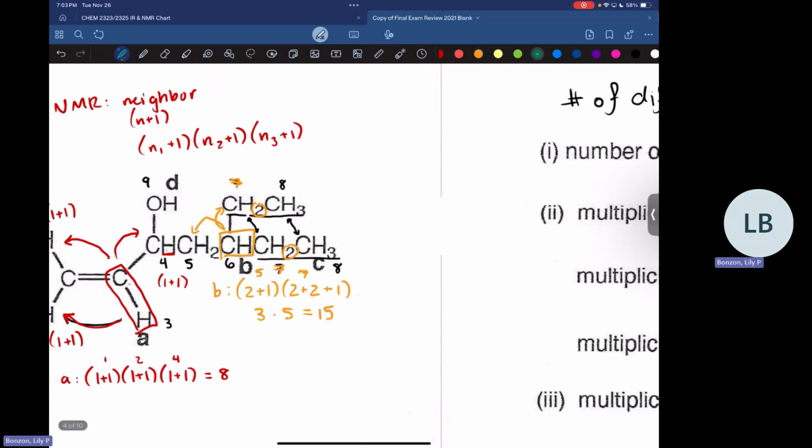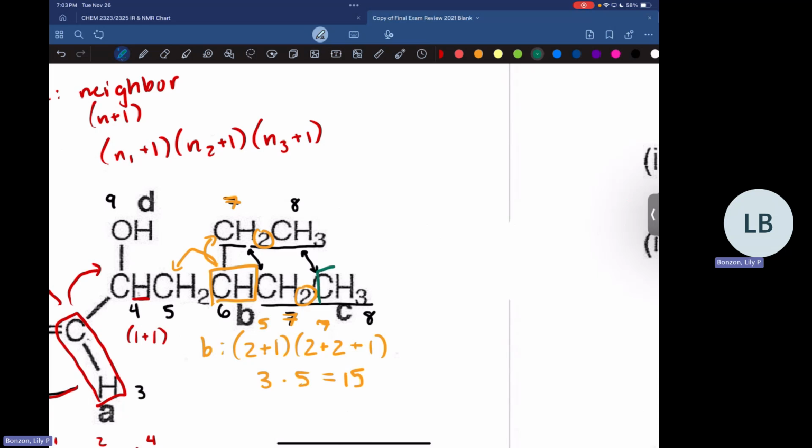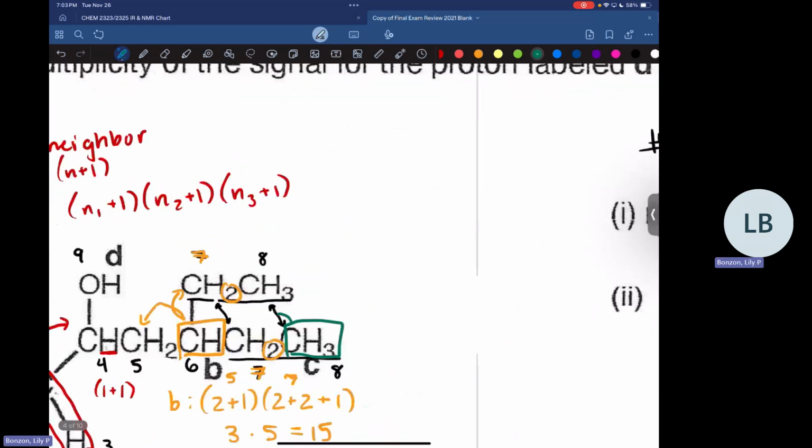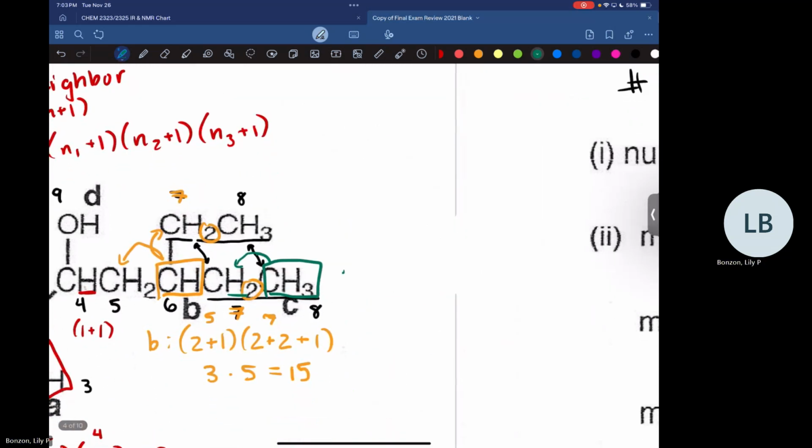For HC, we're looking at these hydrogens on the end of this chain. The only neighbor that we have is going to the left, which is going to be the CH2. So our N is going to be 2 + 1, and that's going to give us 3.